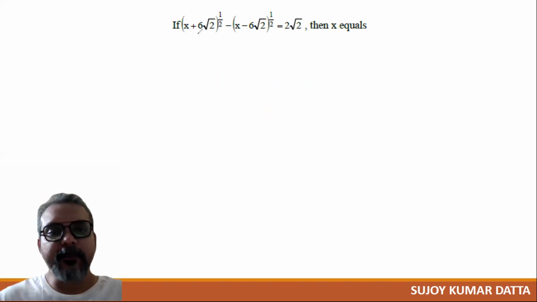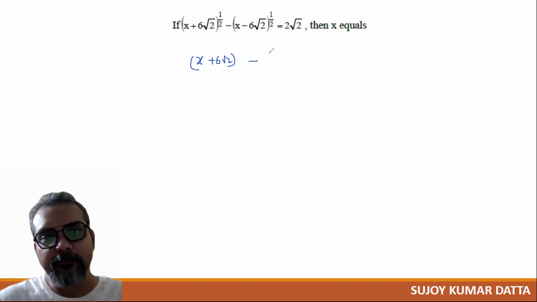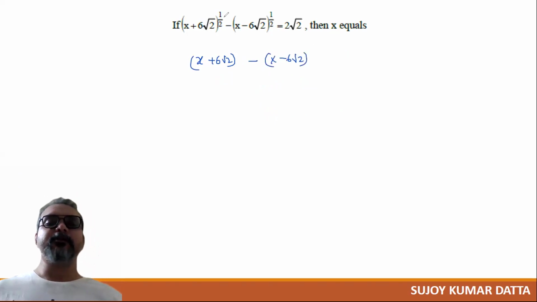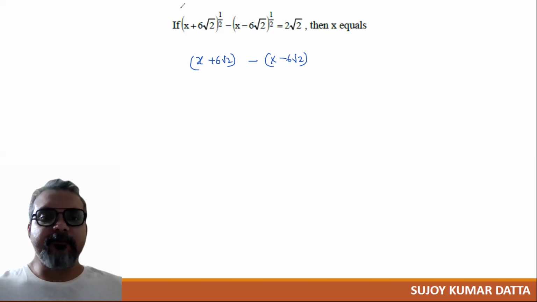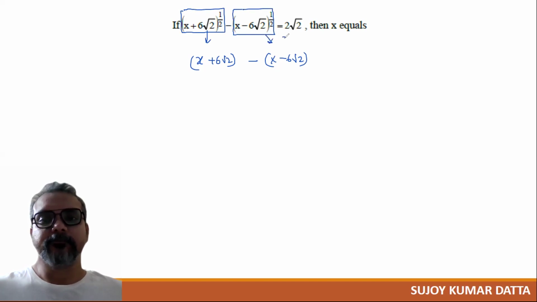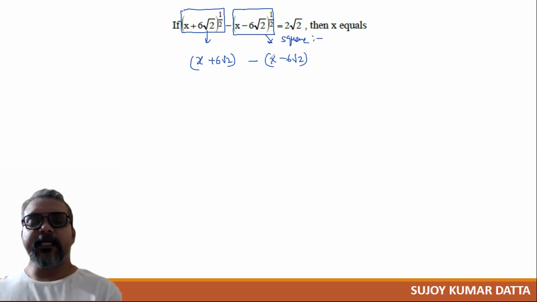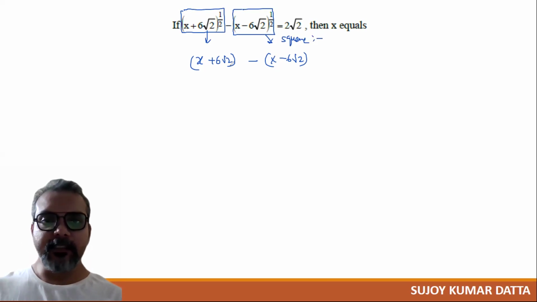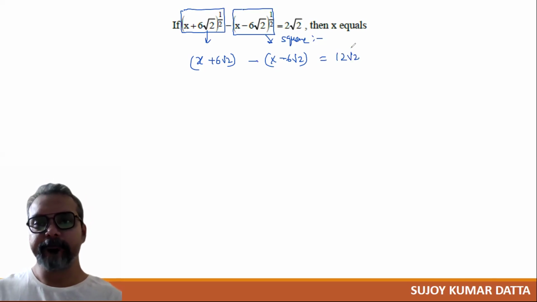So what we will do here is first think of what is x plus 6 root 2 minus x minus 6 root 2, without the square roots. So basically, if this is the term, then we have squared each of them. So now x and x cancel out. As a result, minus and minus become plus, 12 root 2.